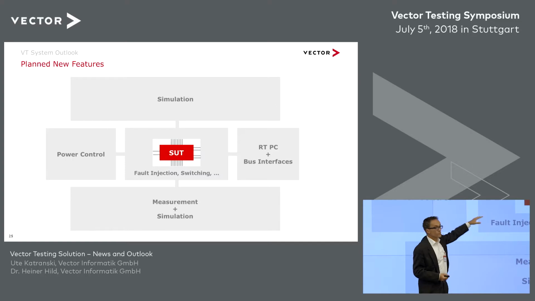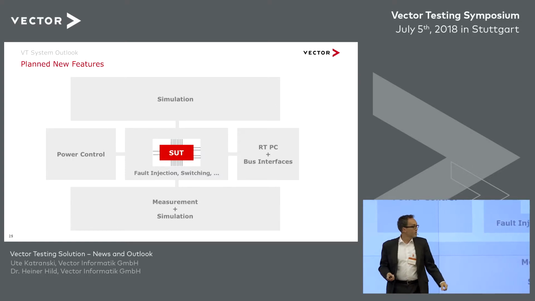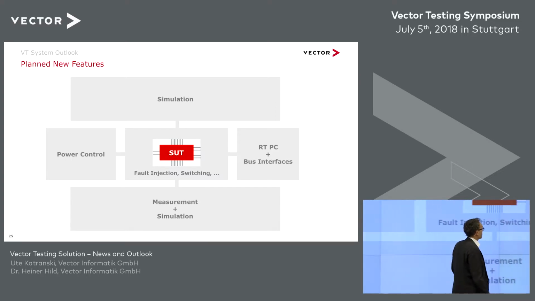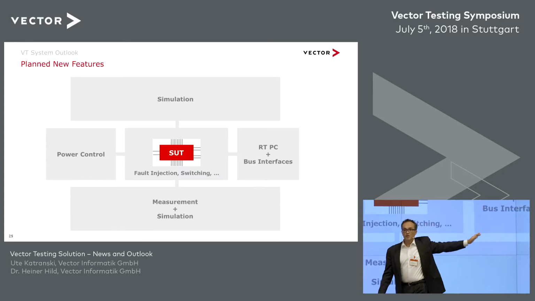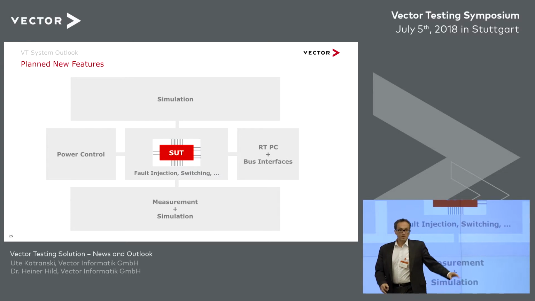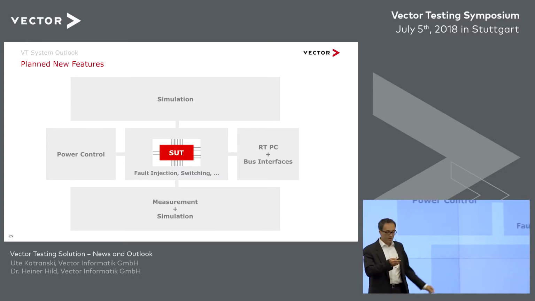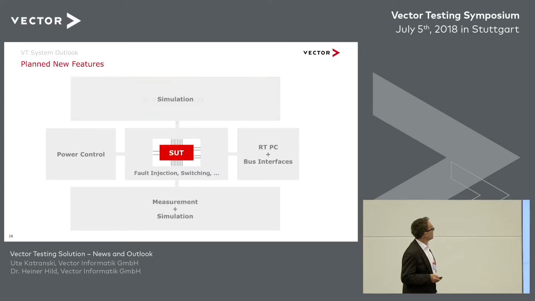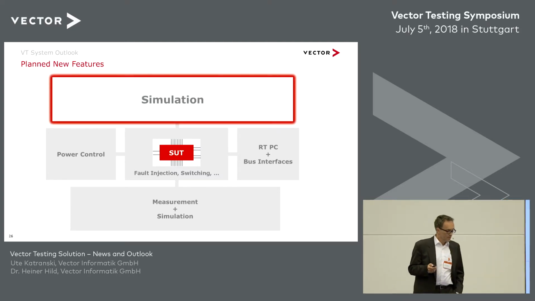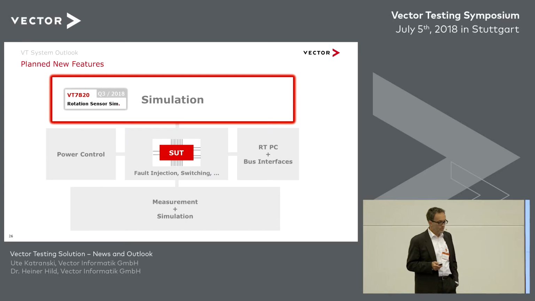We can, of course, take over control of the power supply of the system under test, and as we are Vector, we can provide the communication network connection, including real-time PCs. So that's the setup of the VT system, and I would like to try and show you what we will be doing in the future and where we can find it.